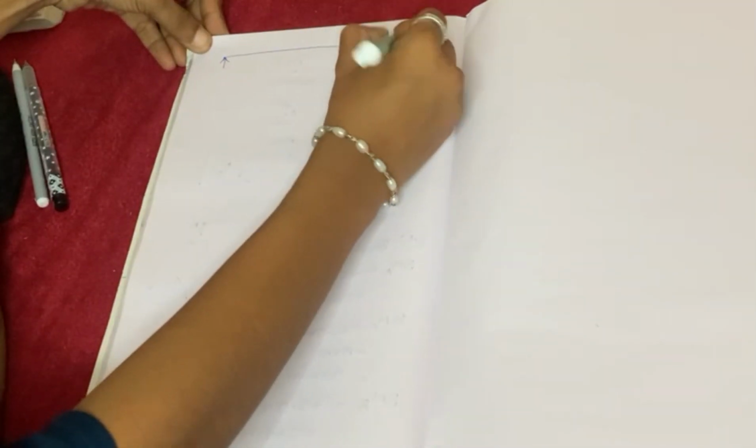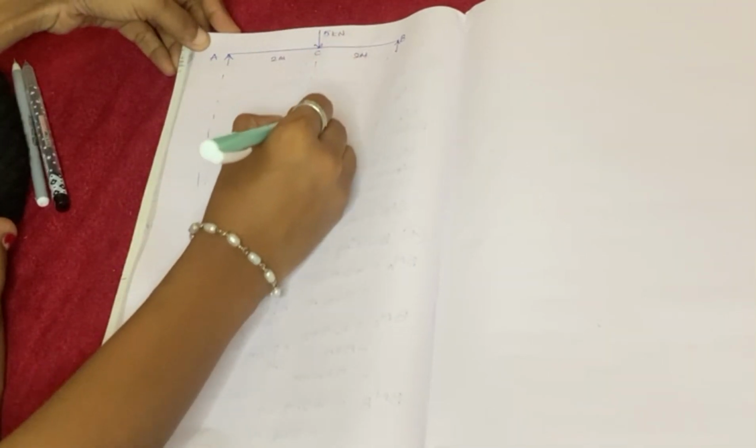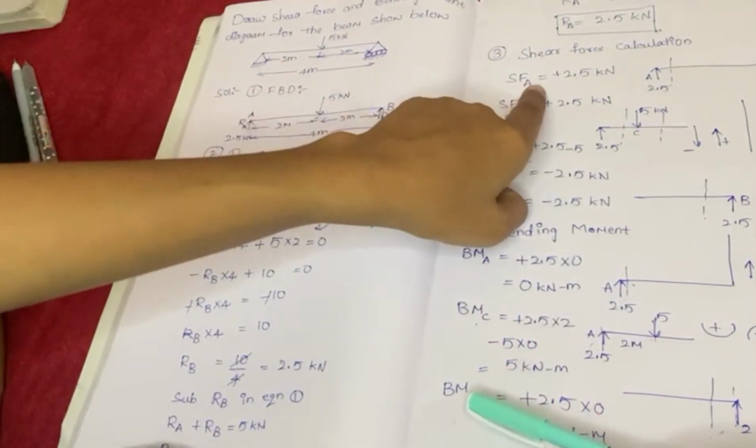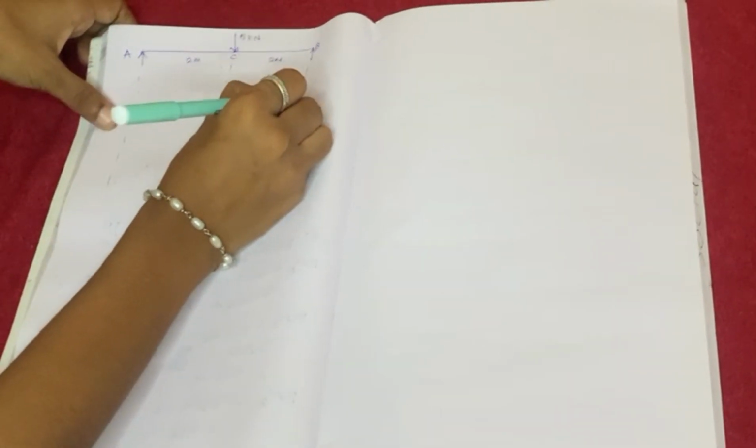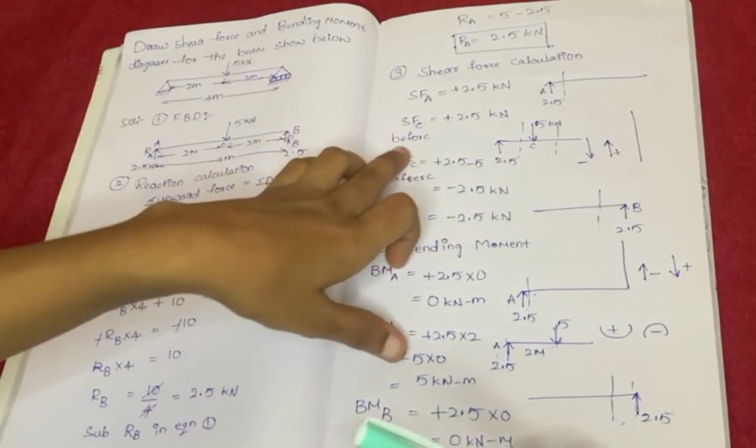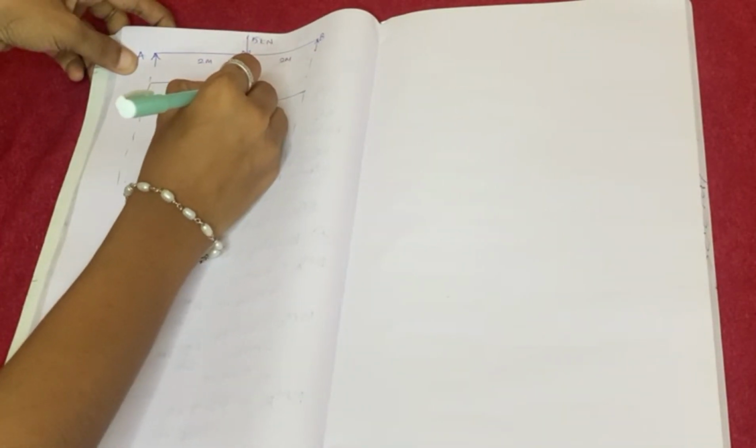Now the diagrams. This is our beam, A, B, and C, with a 5 kilonewton load at 2 meters, 2 meters. First, shear force at A is plus 2.5. So I am taking plus 2.5 upward, and before C also it is 2.5. It is a straight line.